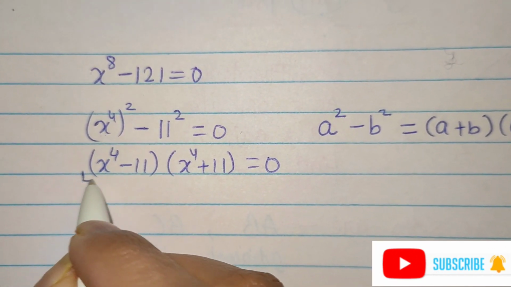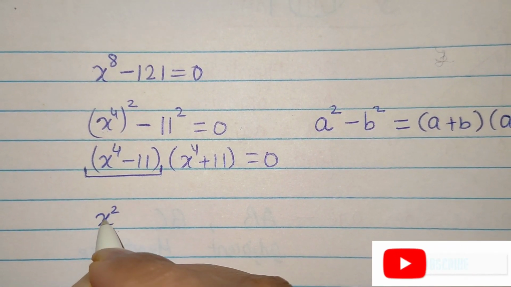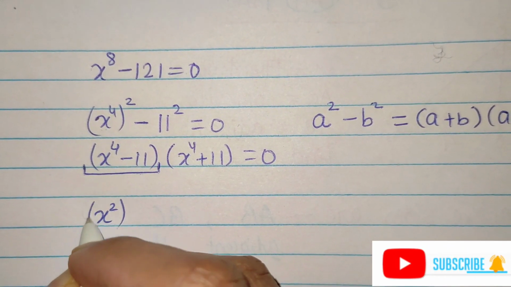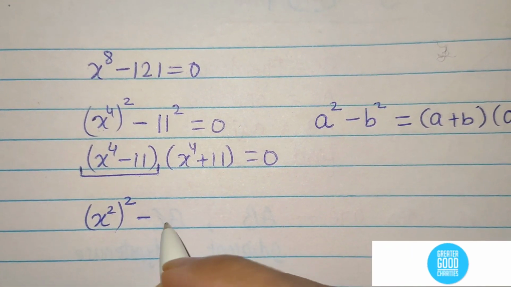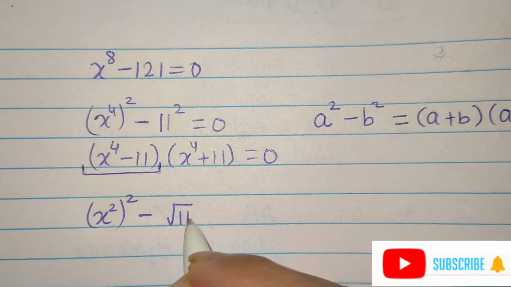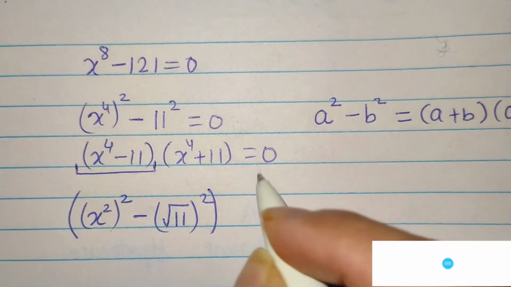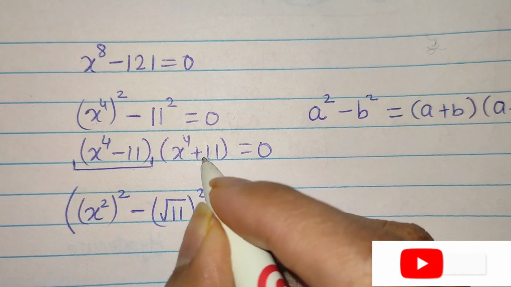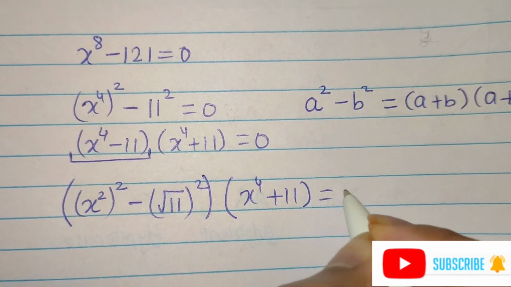Now this part can be written as (x to the power 2) whole to the power 2, and then 11 can be written as (square root of 11) squared. Put this in a bracket and don't forget to copy down this bracket here, (x to the power 4 plus 11) equals 0.